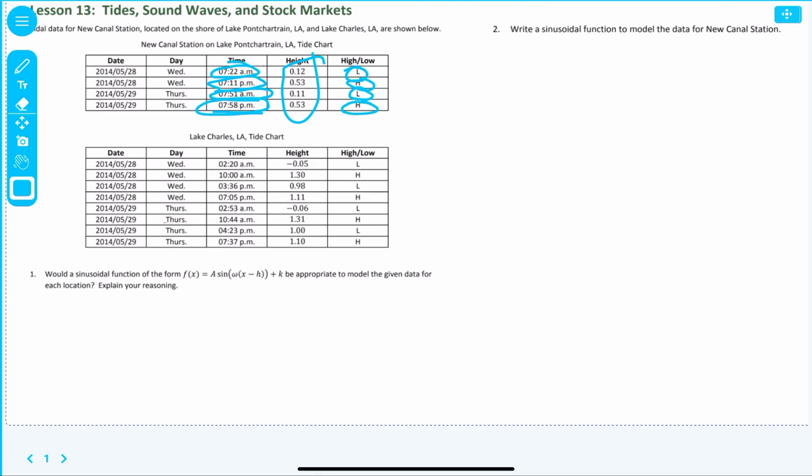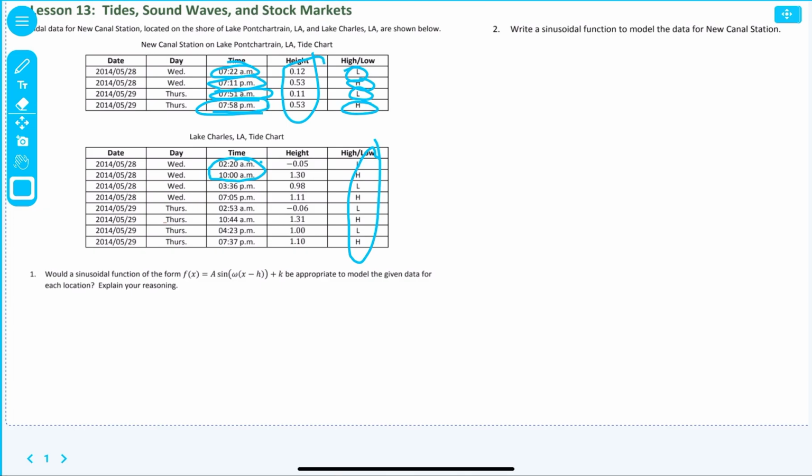Let's look at Lake Charles. We've got the alternating low, high, low, high, low, high. So it varies a lot more often, right? You're going just in 7.5 hours, you're going from low tide to high tide, right?